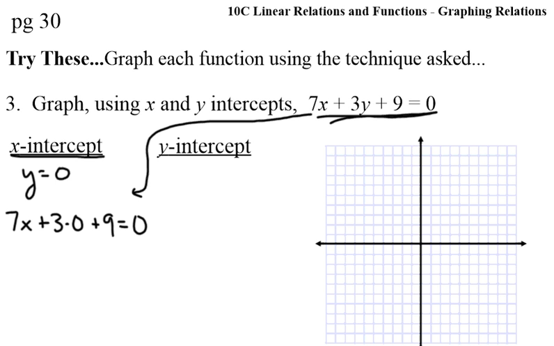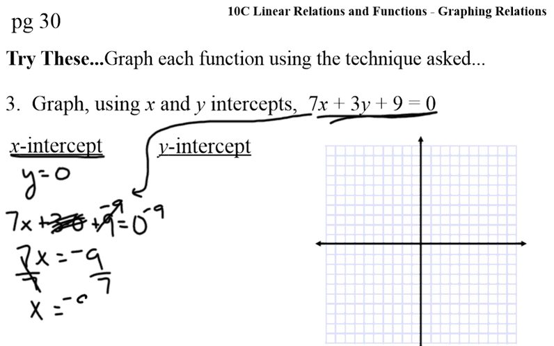So in this case, when we do this, we get the 3 times 0 just disappears because it's a 0. So I subtract 9 from both sides. I get 7x equals negative 9. Divide by 7. X equals negative 9/7.